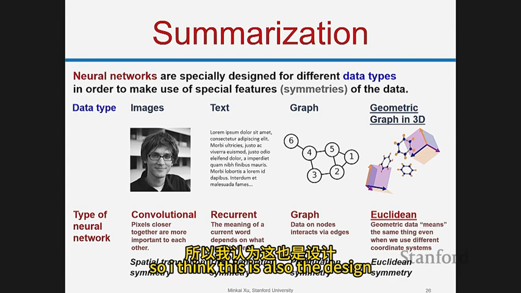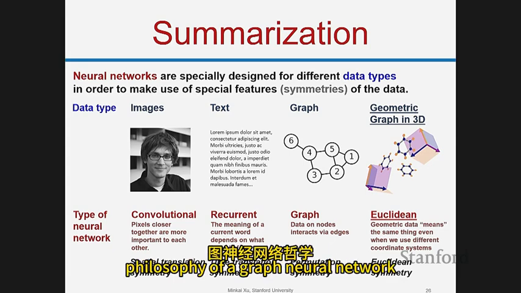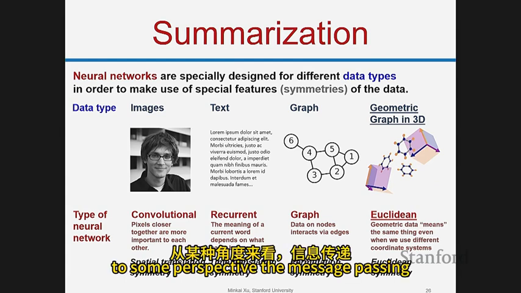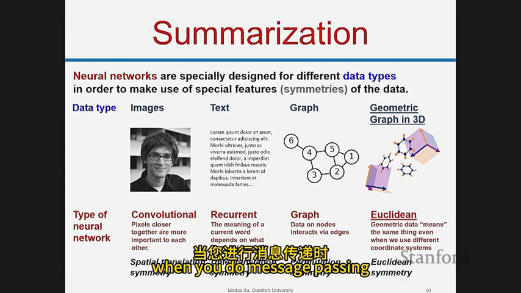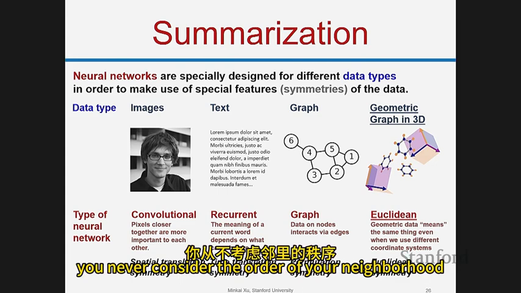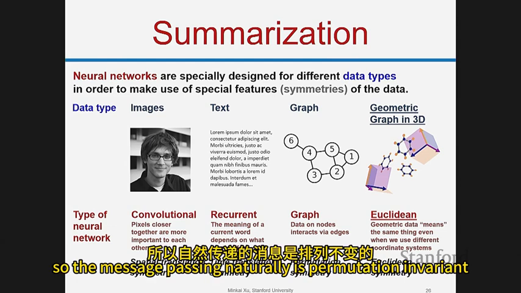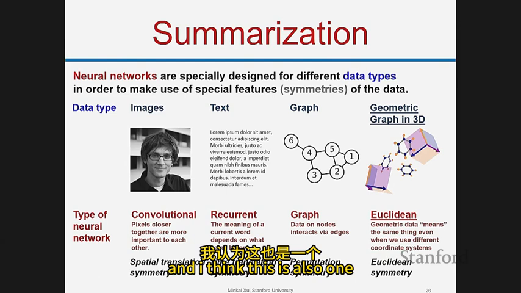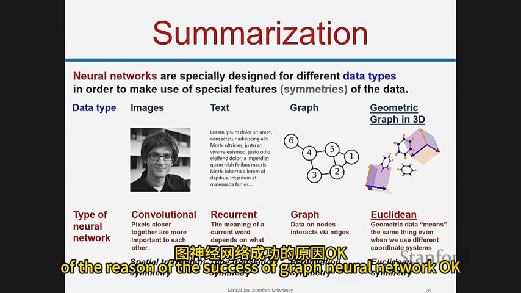I think this is also the design philosophy of graph neural networks from some perspective. When you do message passing, you never consider the order of your neighborhood, so message passing is naturally permutation invariant. And I think this is one of the reasons for the success of graph neural networks.